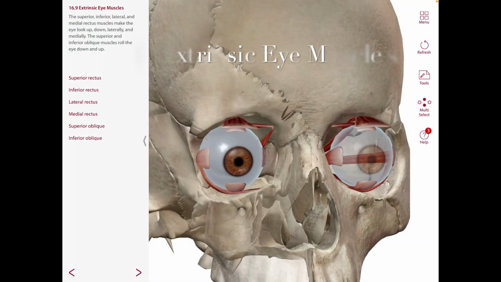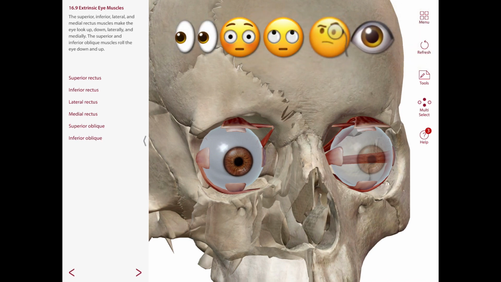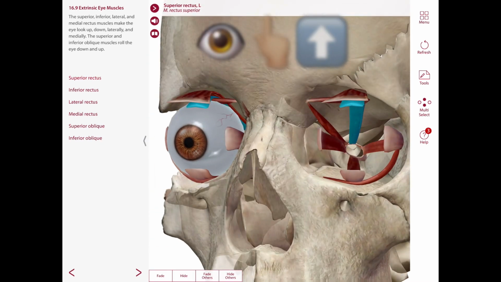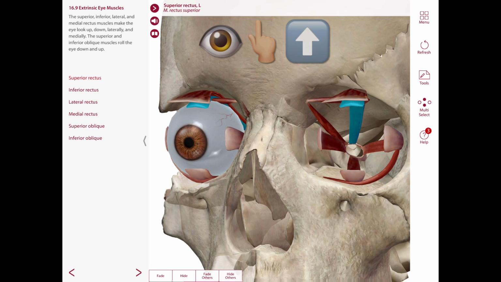The extrinsic eye muscles are 6 skeletal muscles that are exterior to the eye, and they insert onto its outer surface or the sclera to provide the eye movement. And so we have, for example, a division between the rectus muscles and the oblique muscles. So we have the superior rectus, and the superior rectus will move the eye up so that you can look up.